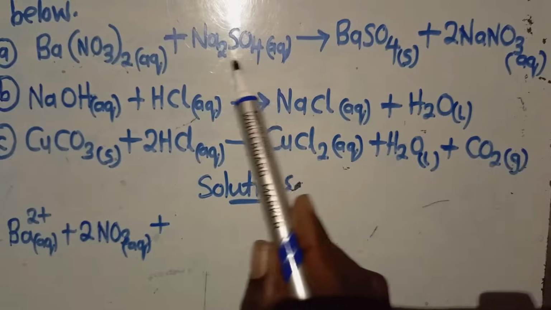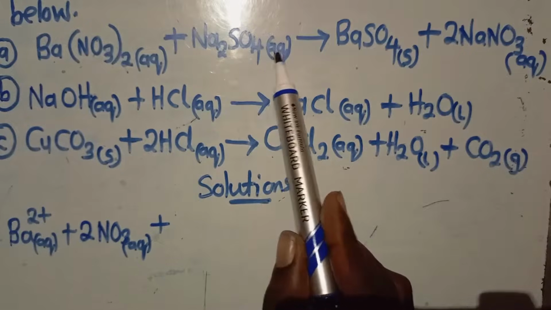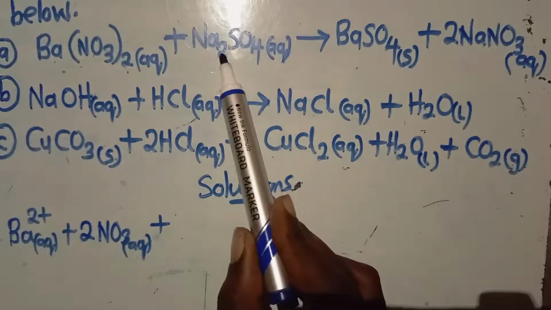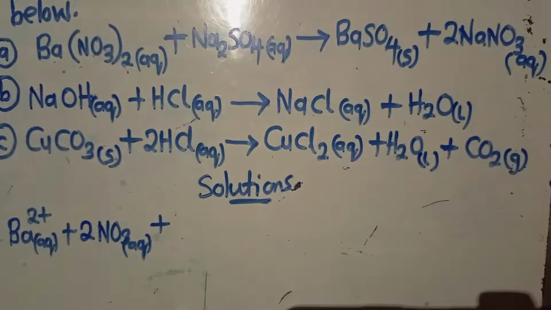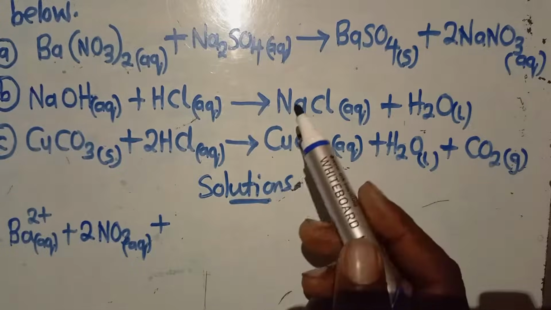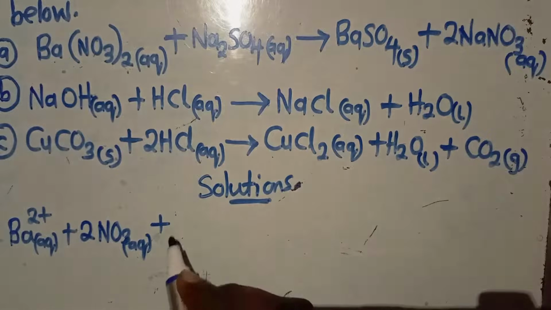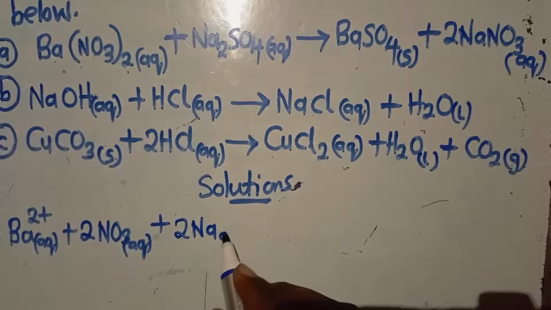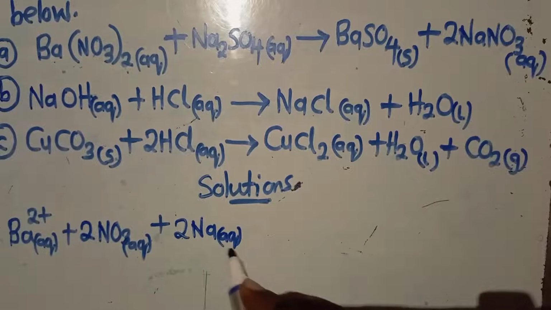This is also in aqueous. There is AQ there, aqueous solution. So I also need to separate this. That 2 goes there. I should not have something down here as the subscript from the other compound. So it is 2Na, in aqueous.